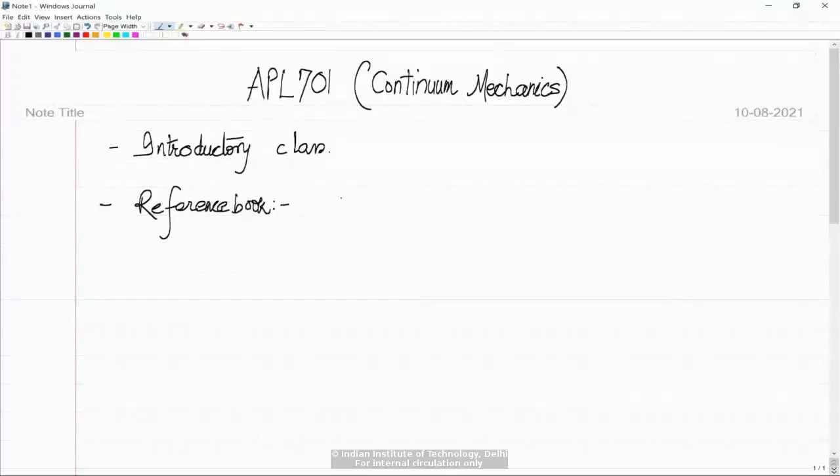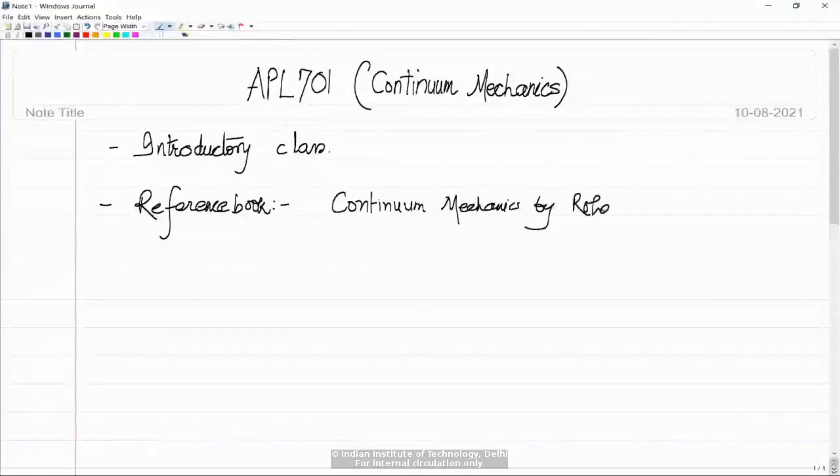So it's Continuum Mechanics by Rohan Abeyaratne. Okay, he's a professor at MIT. He's a very good professor.